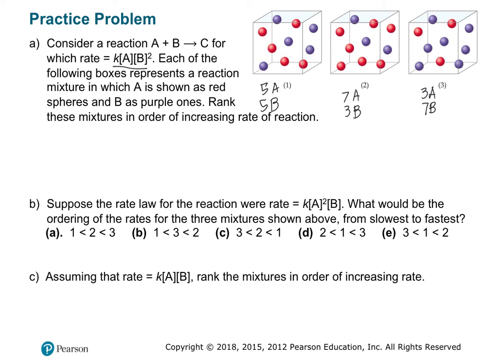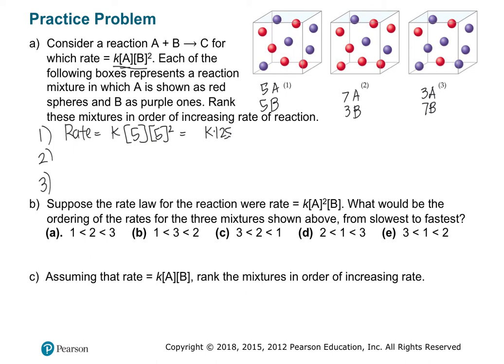So I'm going to do 1, 2, 3. So rate equals K, and then A to the first. So in 1 is 5 to the first, and then B to the second, so 5 squared. So I get K times 125.